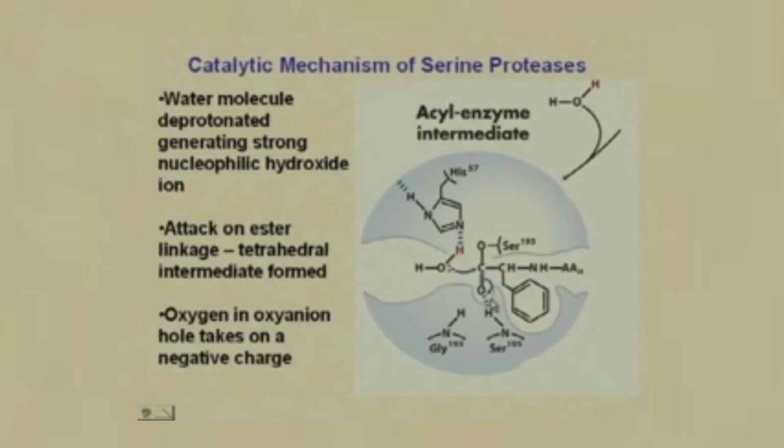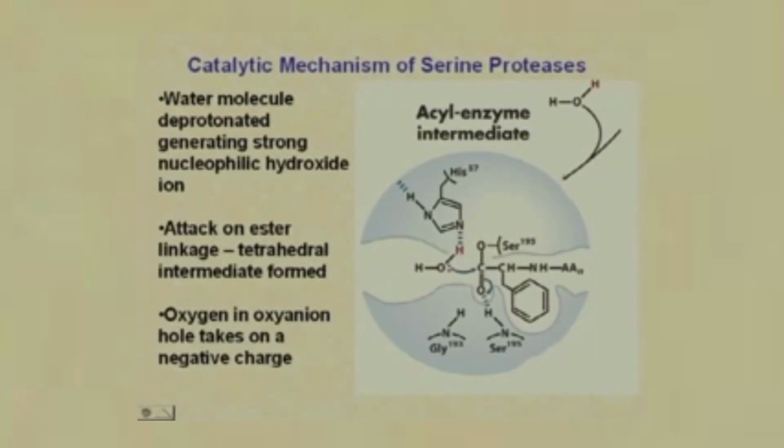Is that clear? So what is happening? We have again the oxyanion hole that is being occupied by the O minus and is stabilized by the NH groups. So we are now going back. Initially what happened was the serine 195 gave up its hydrogen to histidine.